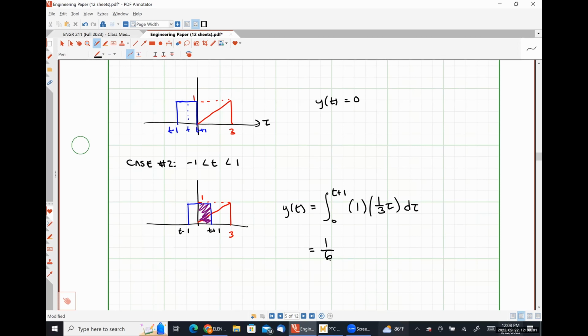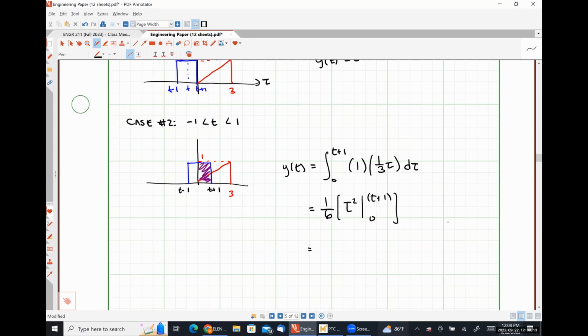So 1/6 of tau squared evaluated at t plus 1 and 0. Correct me if I'm wrong here. It's just going to look like 1/6 times t plus 1 squared. Are we okay with this? Anybody got beef? I feel that level of math is where my brain is at for today. Okay.